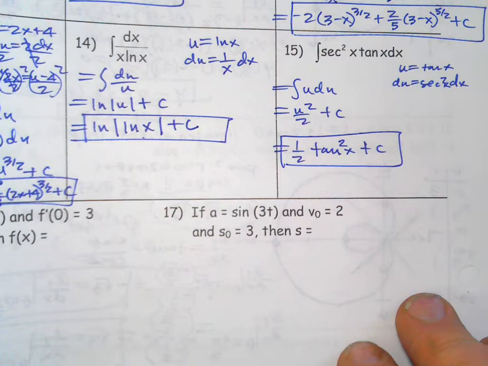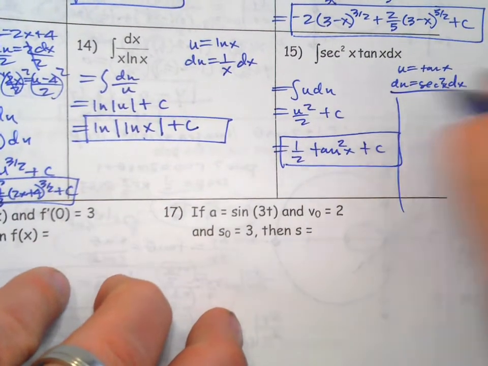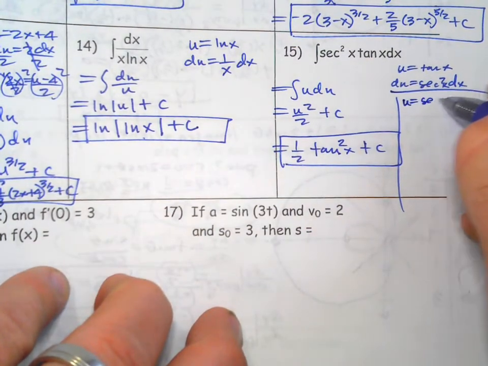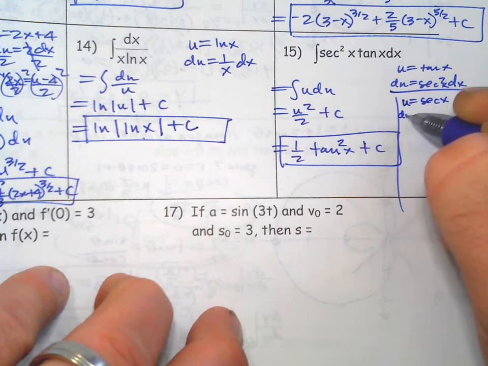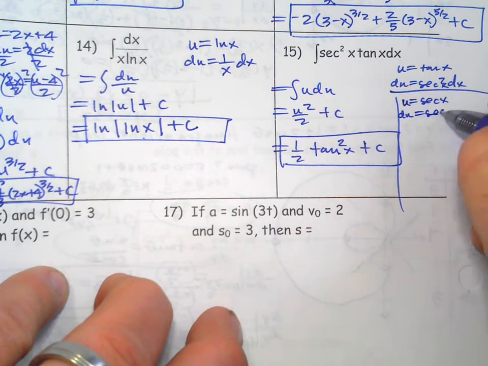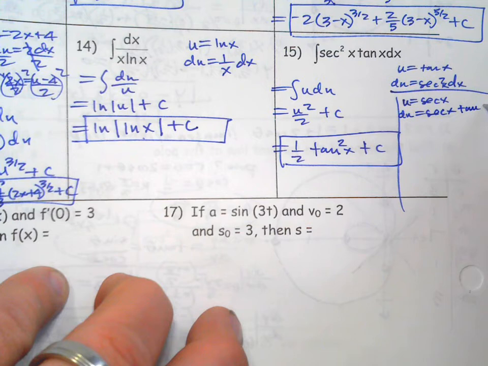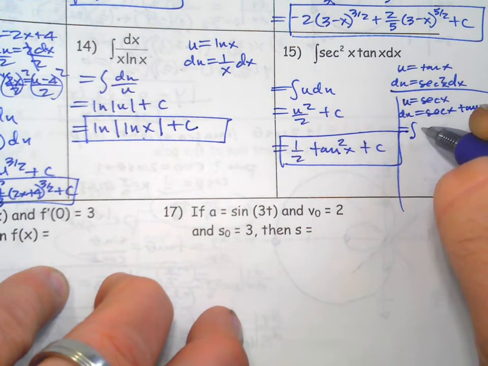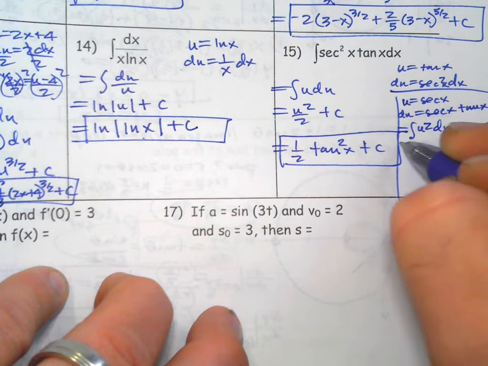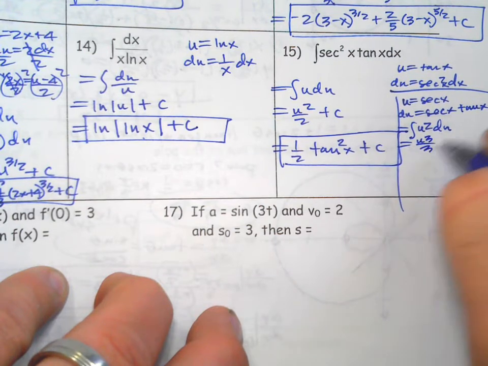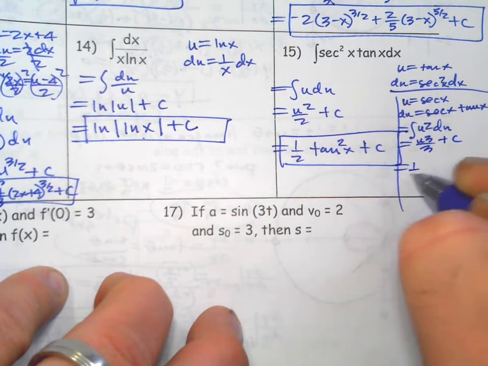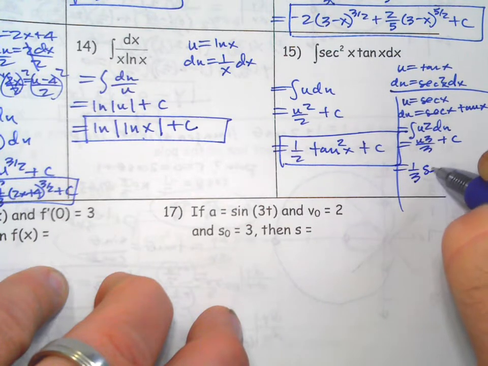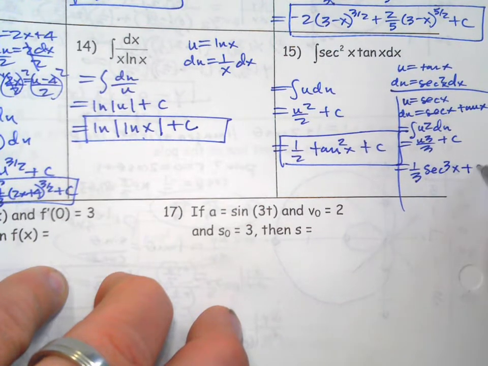Now, you know what? Honestly, you could have done u equals secant. Let's see what happens here. And du equals secant tan. This works. So then you would get u du, and you get u squared over 2 plus c, and you get 1/2 secant squared x plus c.